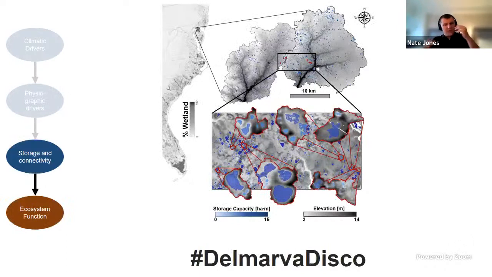Since we were thinking about these large climatic drivers and also the large-scale physiographic drivers that drive variation in wetlands, we were able to dig into one site on the Delmarva Peninsula, and we instrumented six catchments to really drive into the local scale and what's driving local storage and connectivity in this particular landscape.